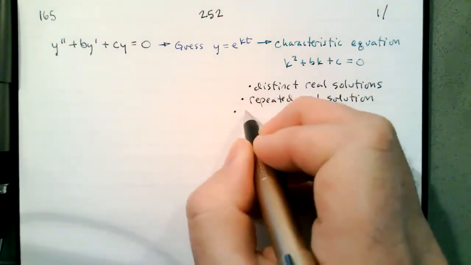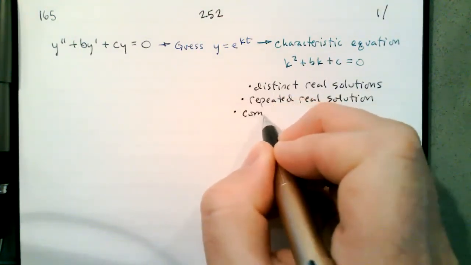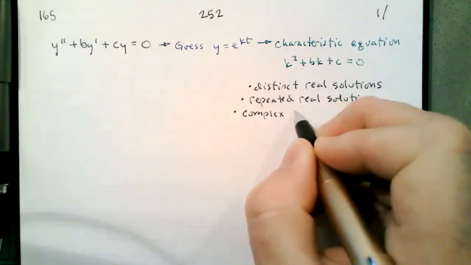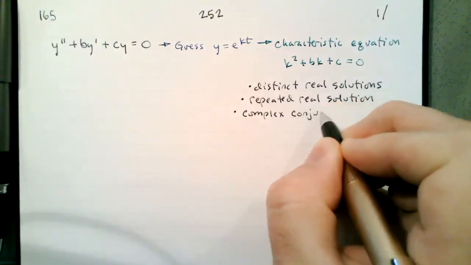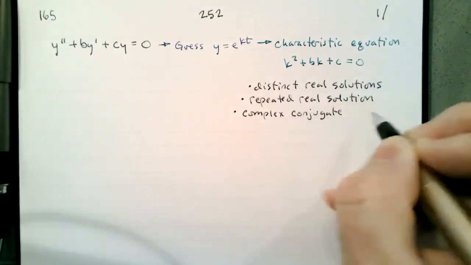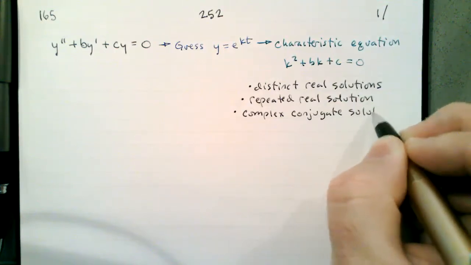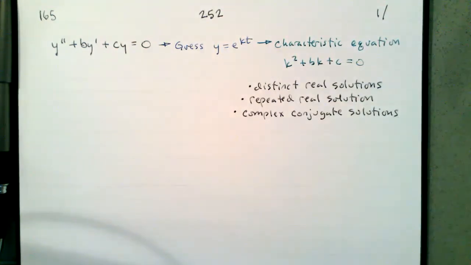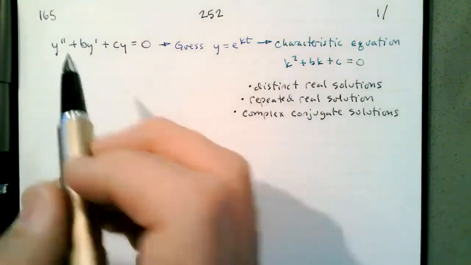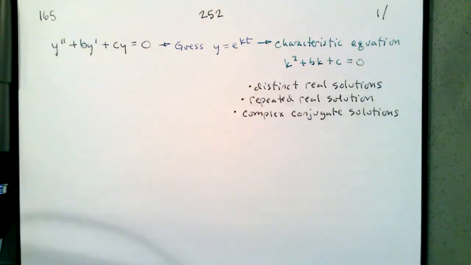Or we could have complex conjugate solutions. It's quadratic, so we have to have two solutions. The differential equation is second order, so we have to have two linearly independent solutions.